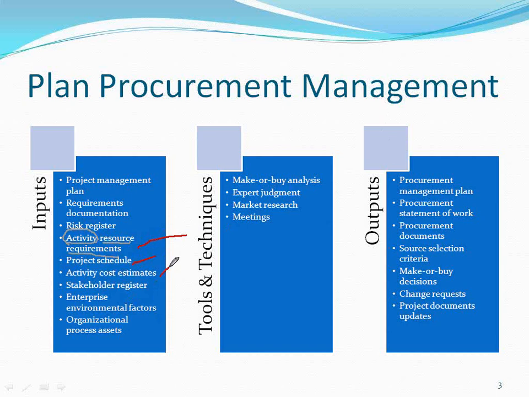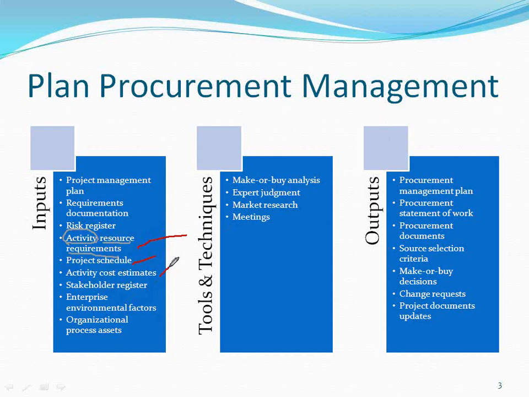Who are the stakeholders? What are their interests? Based on that also you will decide the make or buy analysis to plan your procurement. Your stakeholders look into the project, that all the activities have to be done in time. What is their interest? Based on that, you will make some decisions whether you have to buy from outside or do it internally.